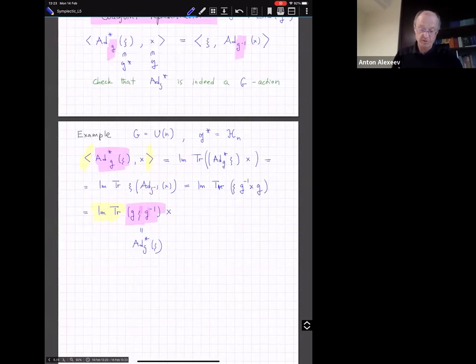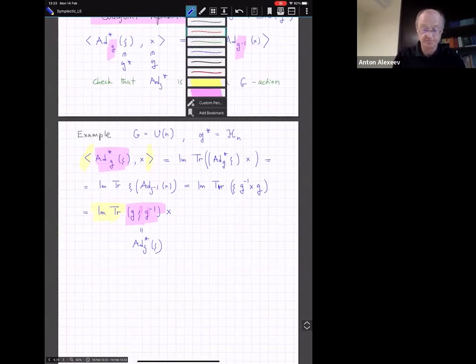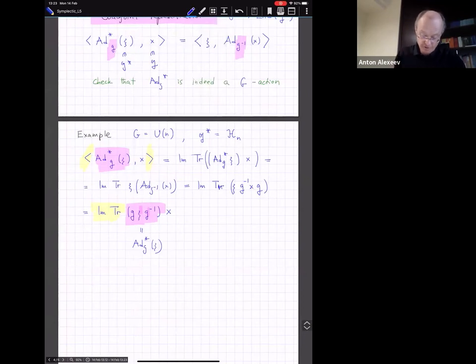So now maybe one more remark. Suppose we have some Hermitian matrices Xi in Hn, right? So this is isomorphic to G star.